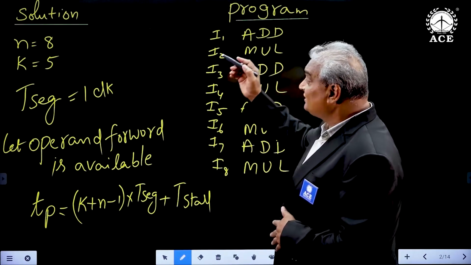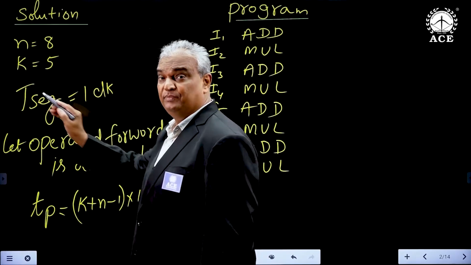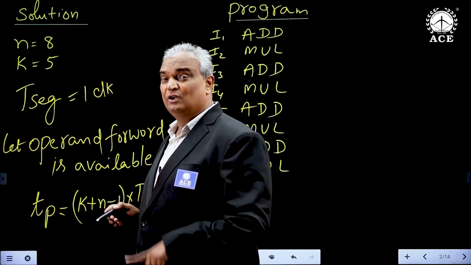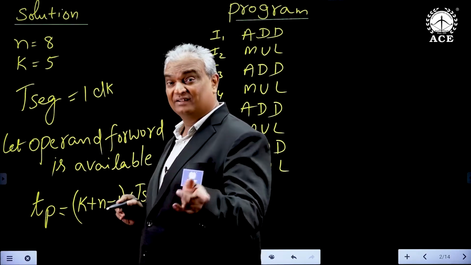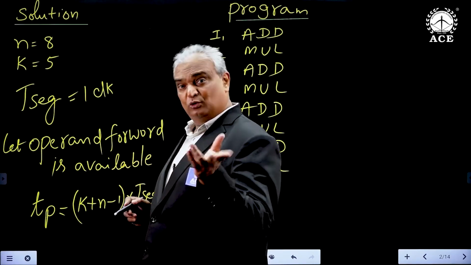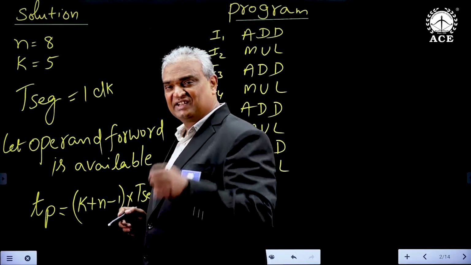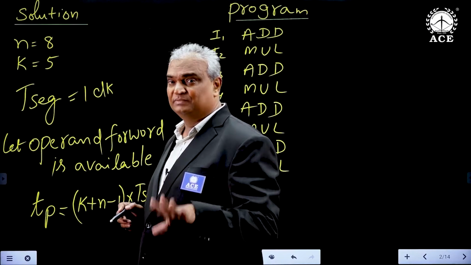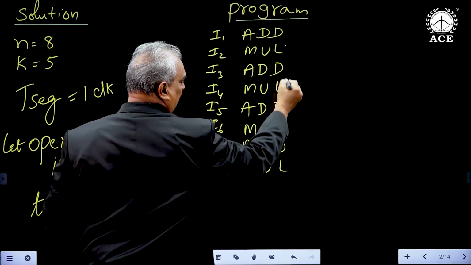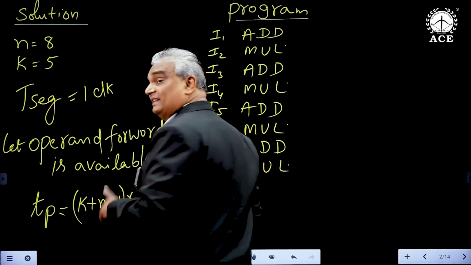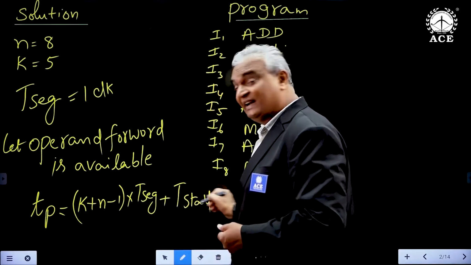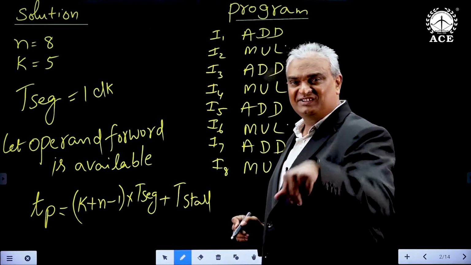Here, out of 5 segments, all except the EX stage take 1 clock cycle, but the EX stage takes 2 clock cycles for the mull instruction, and 1 clock cycle for the add instruction. How many such mull instructions are there? 1, 2, 3, 4. That means in addition to this one, it requires 4 more stalls.